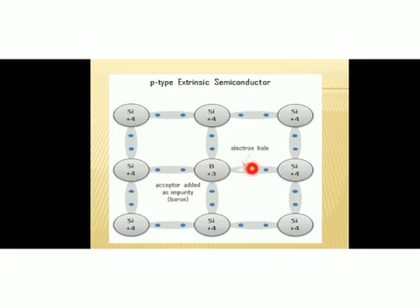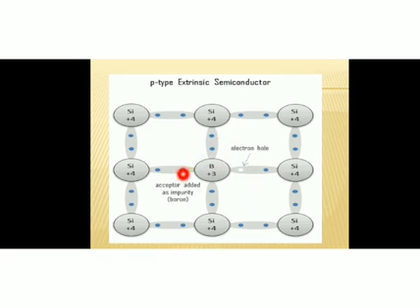And deficiency of an electron means a hole, isn't it? So due to the addition of this trivalent impurity atom, a hole is created. We haven't supplied any external energy, yet in the absence of external energy itself, a hole is created. As soon as the hole is created here, electrons from the neighboring position will jump to this hole, so again a vacancy is created.